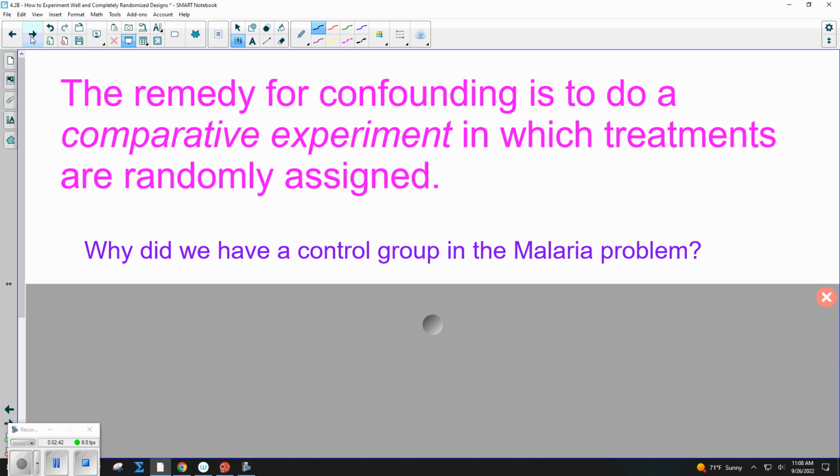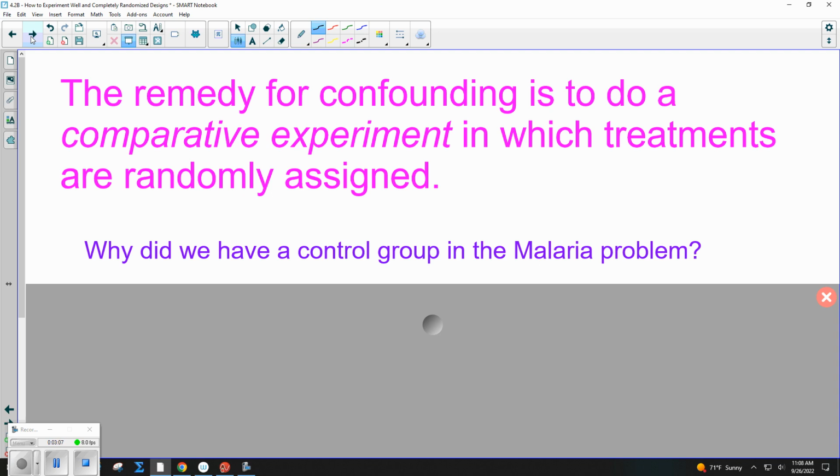We have confounding variables a lot of the time, and that confounding variable could be that you're just excited that you get to drink a pop. That could be a confounding variable, which is why we have a control group. Remember the malaria problem, where we gave some schools treatments to help with malaria, and the other schools didn't get the treatments. What's the point of having that control group?